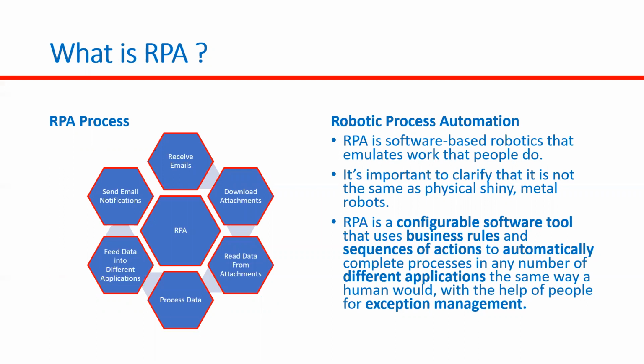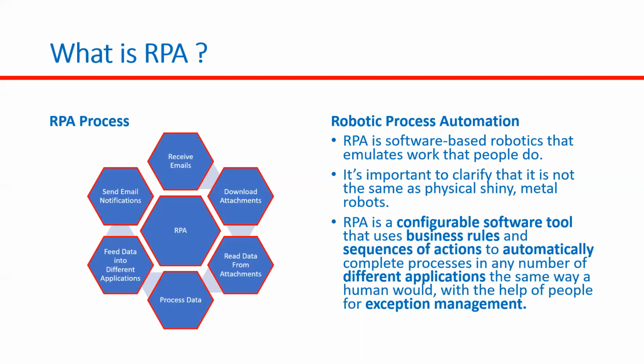Okay, so we are going to see what is RPA. RPA is basically what we call robotic process automation. It is basically software-based robotics that emulates work that people do. It's important to clarify that it is not the same as physical, shiny metal robots.